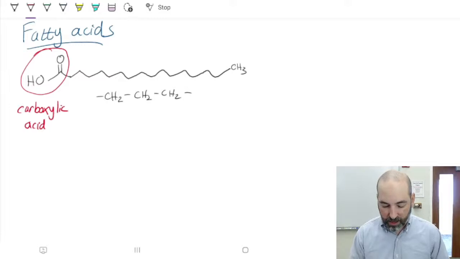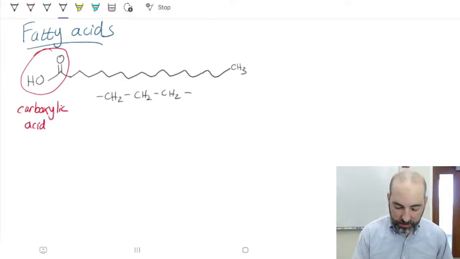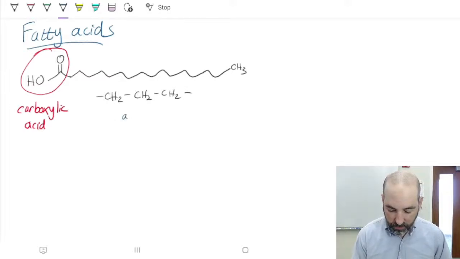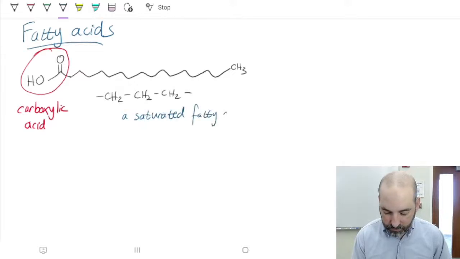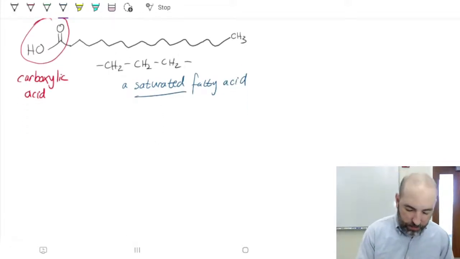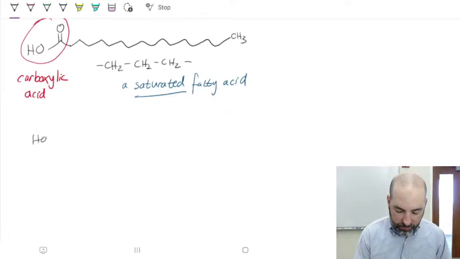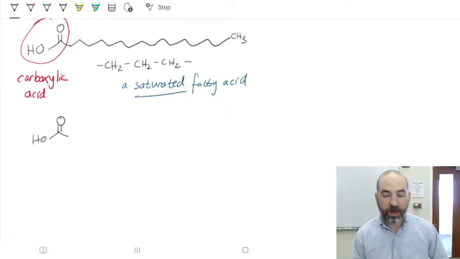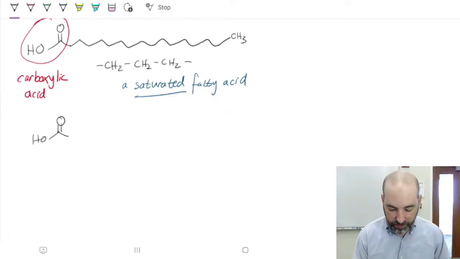The one that I have drawn here would be an example of a saturated fatty acid. We can contrast that with what we would call an unsaturated fatty acid, which is where we have double bonds within that carbon chain.